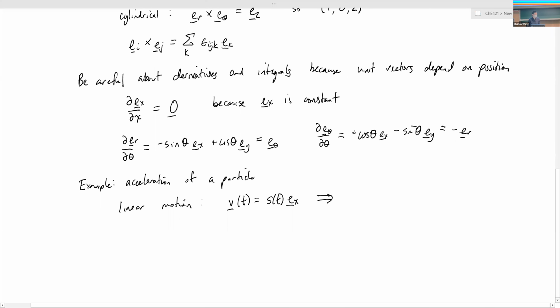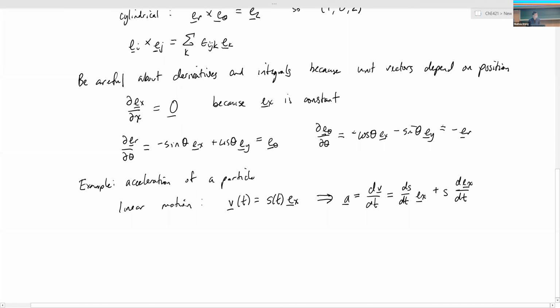The acceleration of this particle is the derivative of velocity, right? And the derivative of velocity looks like this: ds dt times ex plus s times dex dt.